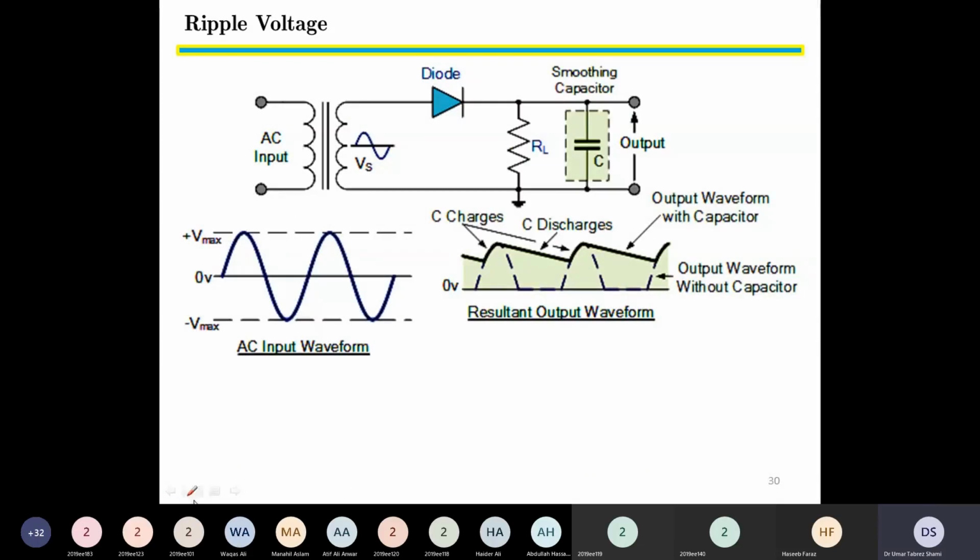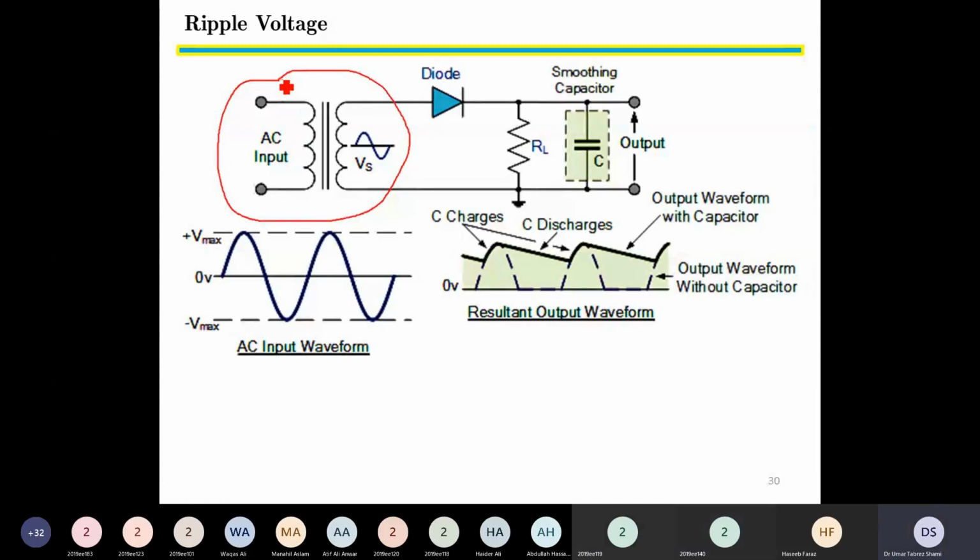So now here we have the AC input, and then we see this component. Which component is this? Sir, transformer. This is our very normal simple transformer.